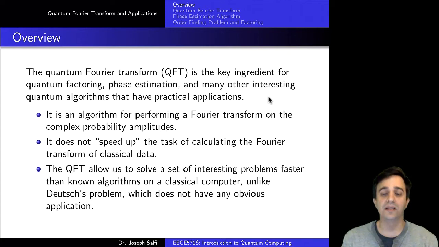In other words, it's a contrived problem and not an interesting problem. Nevertheless, Deutsch's problem illustrates many of the ideas behind how the quantum Fourier transform works, and we'll come back to those ideas as we study the quantum Fourier transform.